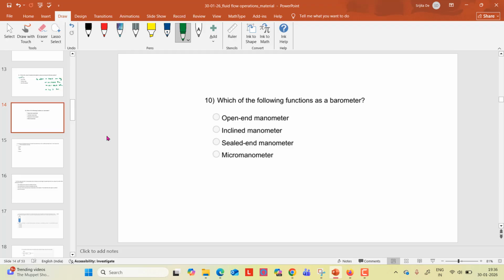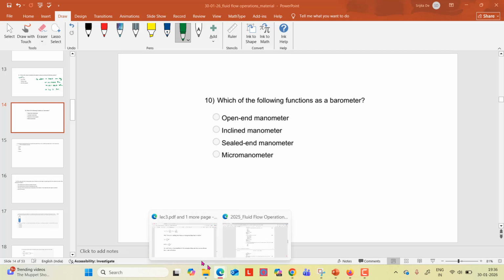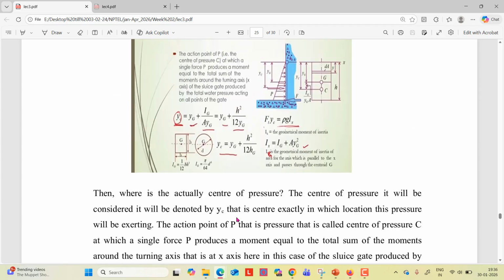Now question 10. Which of the following functions as a barometer? If I go back to the lecture, it was there, I think.